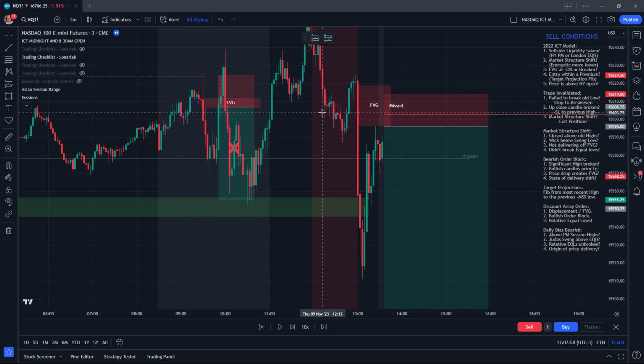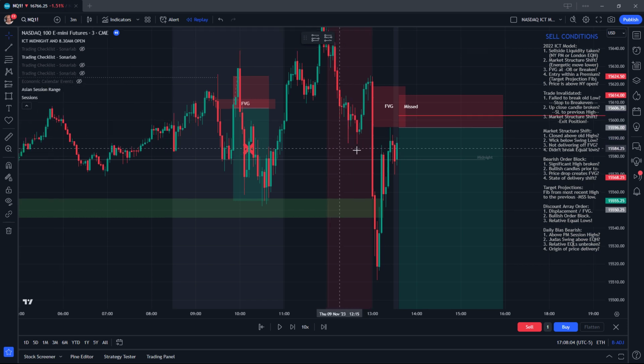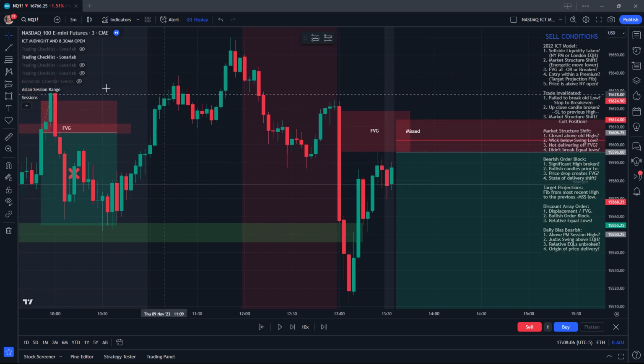Nope, not that I can see. If for example this candle was like that, and we saw something like this, that would be our equal lows, so that would invalidate it. That's what we're looking for.